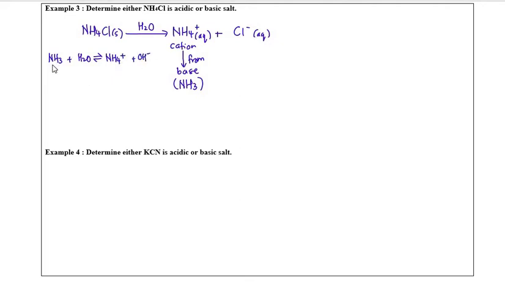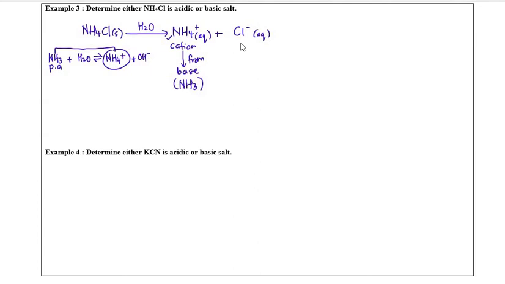This is a base, which means a proton acceptor. So it accepts one H and becomes NH4+. This ion is similar to what we need in this equation, so this is a suitable base.